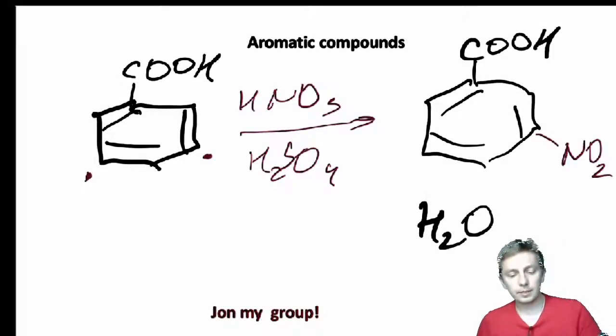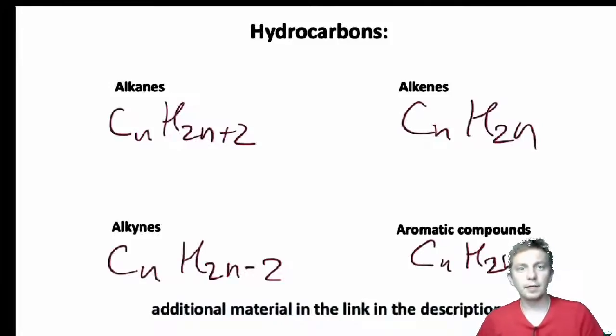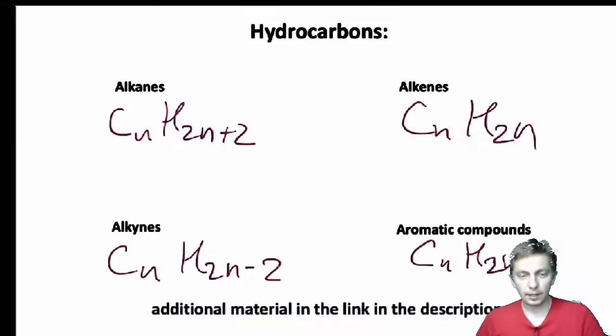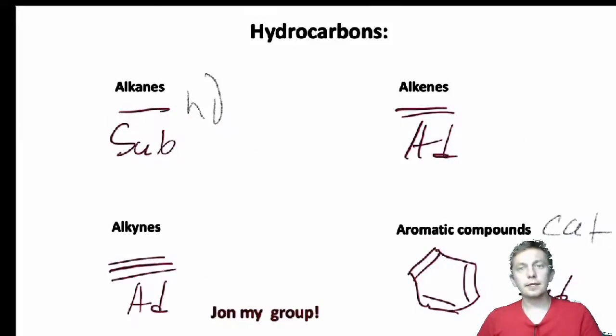So what must we memorize? We have alkanes, alkenes, alkynes, and aromatic compounds. Alkanes and aromatic compounds are involved in substitution reactions. Compounds with one or several double bonds or triple bonds are involved in addition reactions.